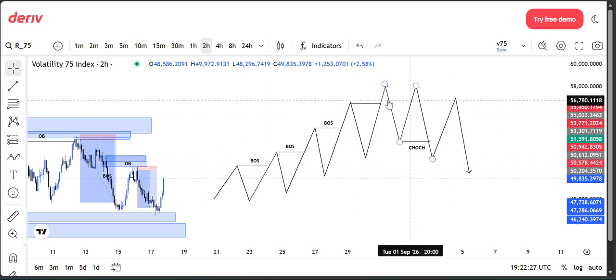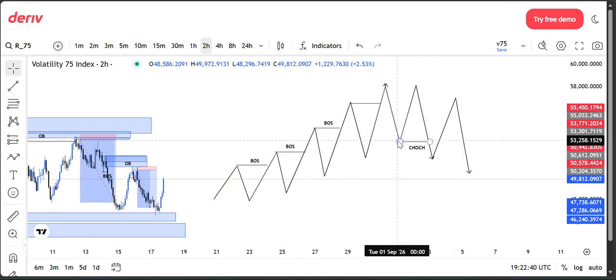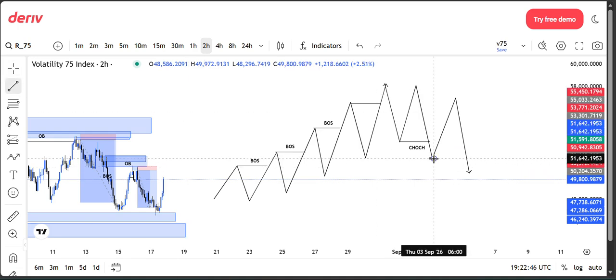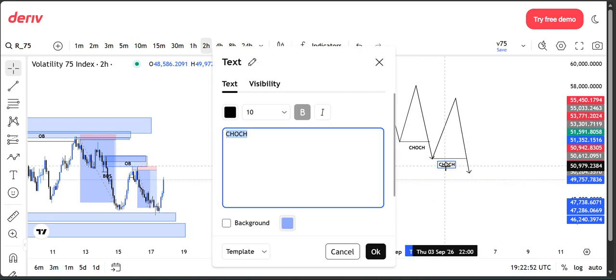So this is a confirmation that we're not going bullish again, that price is actually going to sell. This is a confirmation that the trend has changed, where we have your first change of character, then a retracement, and then your second low taken out. So with this we can now call this a market structure shift.